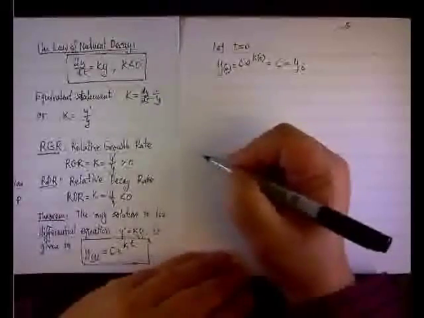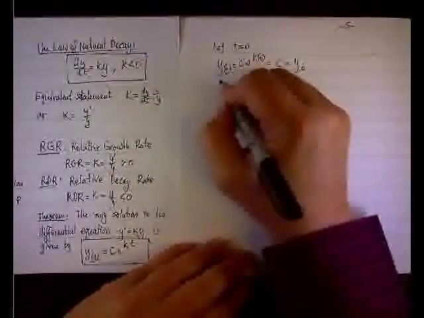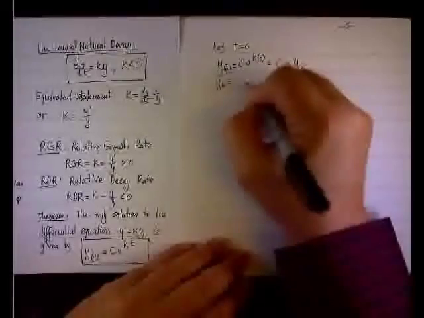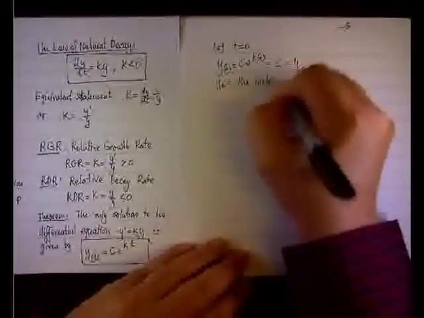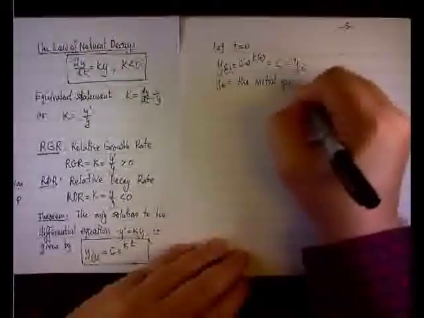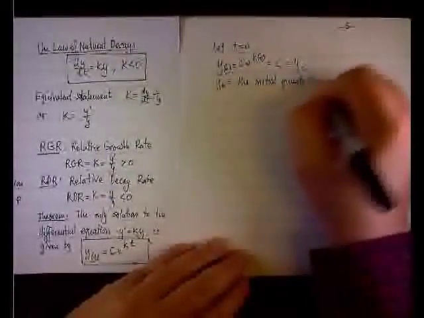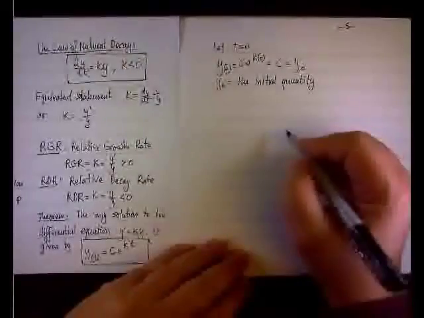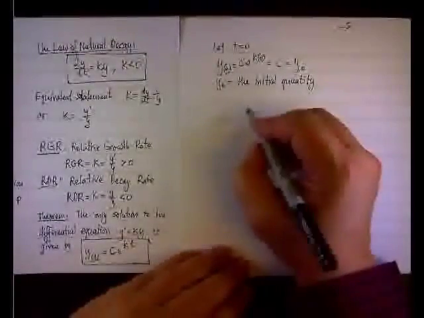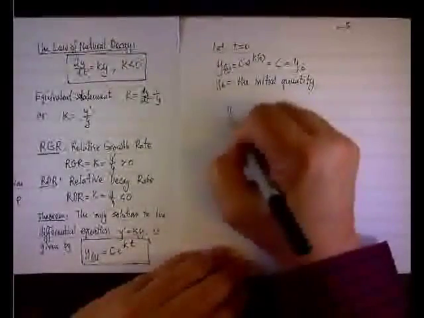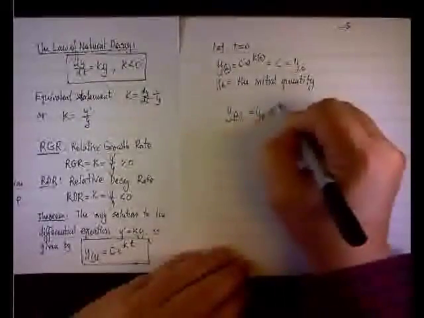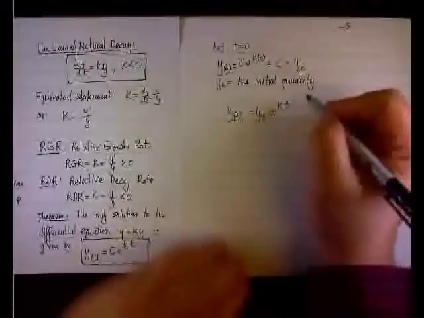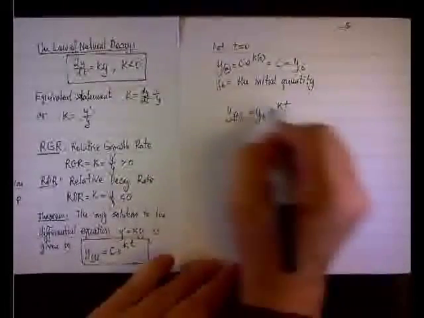This will be the initial quantity. So the solution to the differential equation is y of t equals y sub 0 e to the kt. Okay?